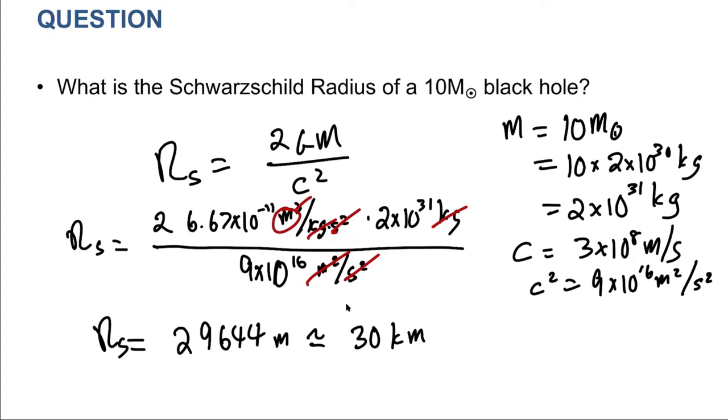Now, this leads to a very much simplified version of this formula. I want you to see what we did here. Let's go back to our original Schwarzschild radius equation. All of this stuff in our original equation are constants. The 2 and the G and the c squared, right? So the Schwarzschild radius is proportional to mass. What is that proportionality constant?